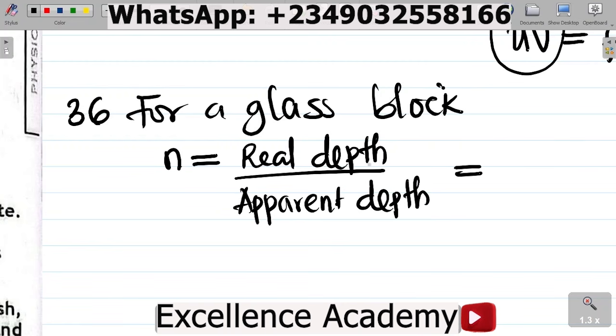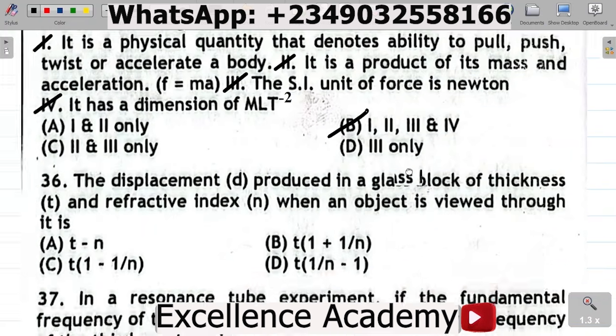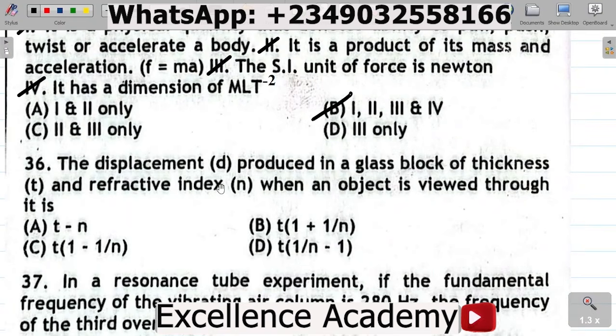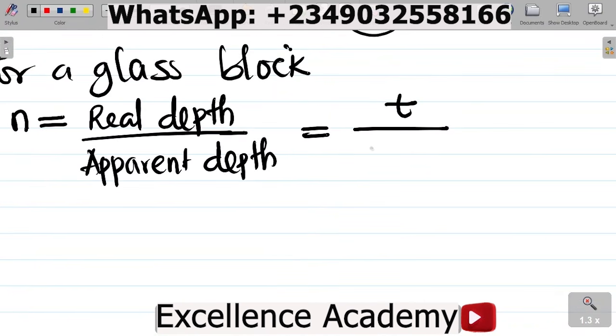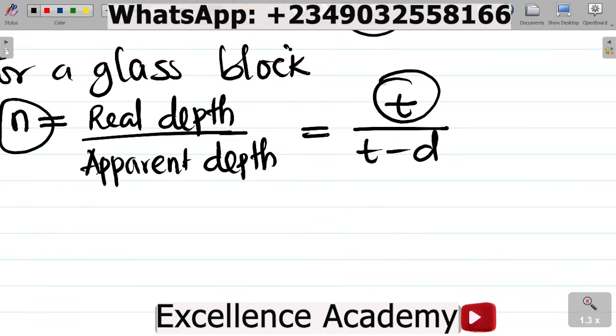And that's equal to, real depth is simply the thickness of the glass block. That's the real depth. And they give us that as T all over the apparent depth, which is the difference between the thickness and D there. And D simply represents displacement. In essence, apparent depth is simply T minus D. So you want to take note of this formula for a glass block, that refractive index n is equal to T all over T minus D.